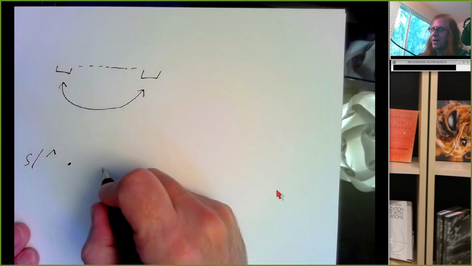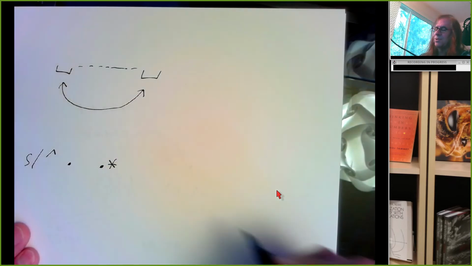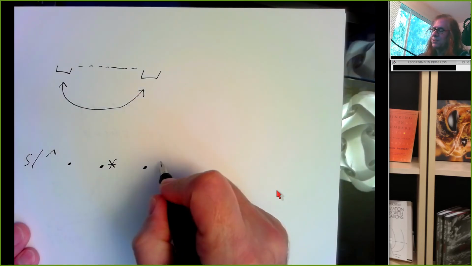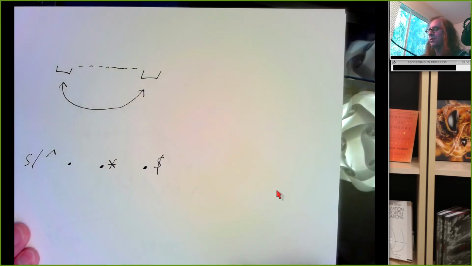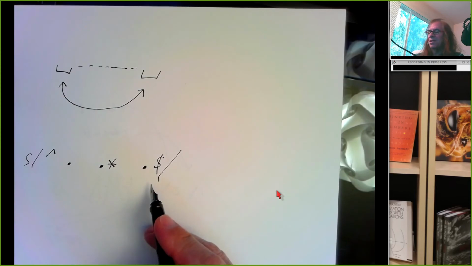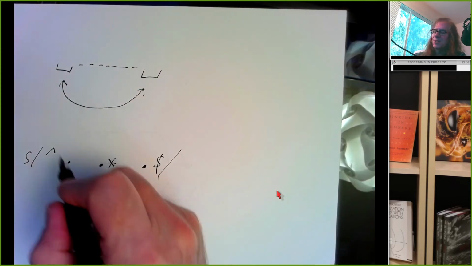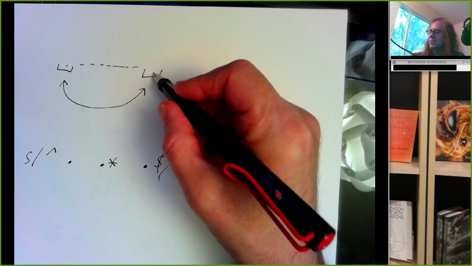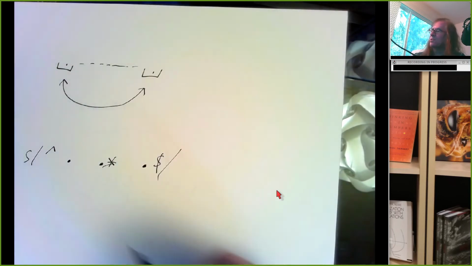And then I want to match 0 or more additional characters. And then I want to match one more character followed by the end of the string. This will match the entire string, but this period will match that first character, this period will match the last character, and this pattern will match all the stuff in the middle.